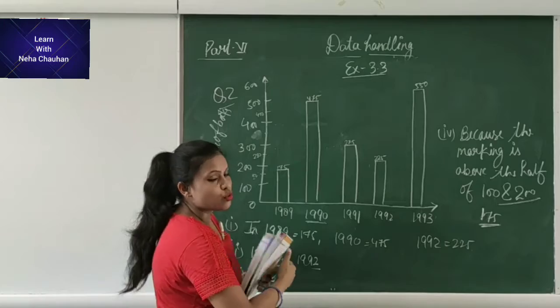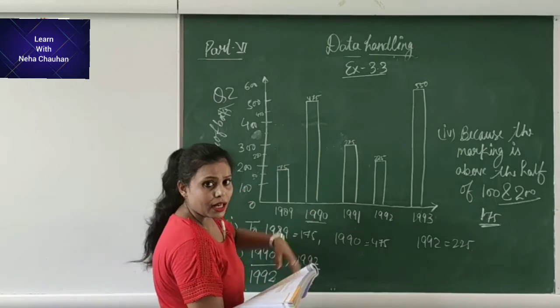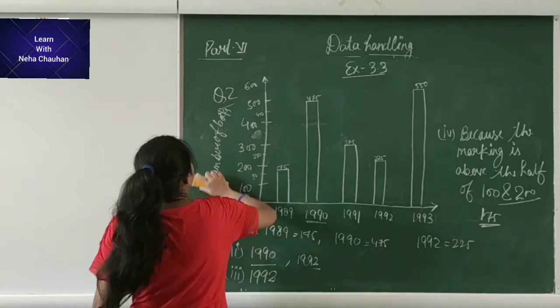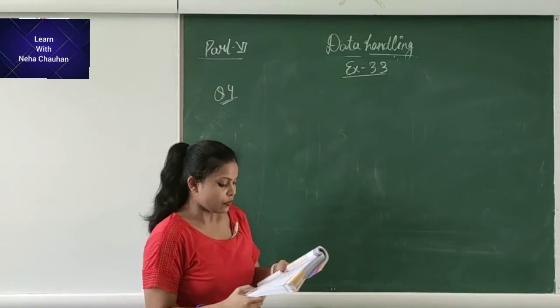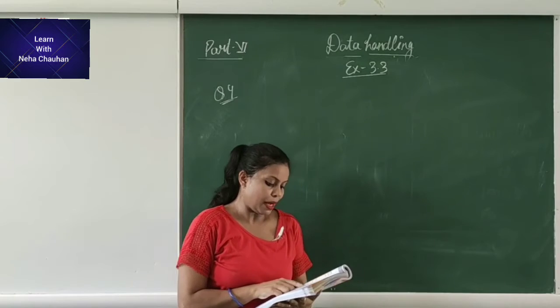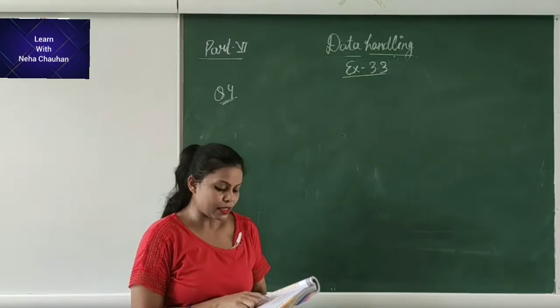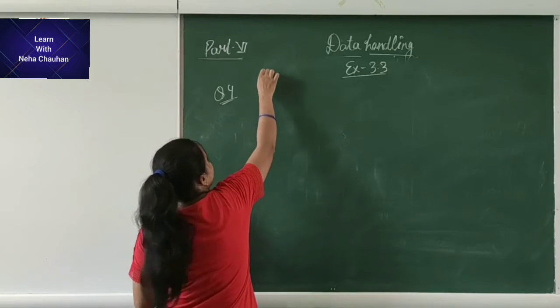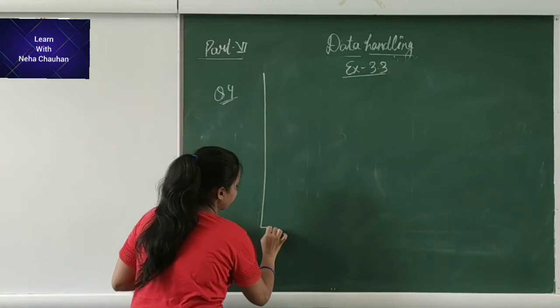Okay. These 2 graphs are based on the single bar graph. Let's do question number 4, which is based on a double bar graph. So question number 4 consists of marks of 2 terms, first term and second term, and it consists of subjects, right? So we will draw the graph like this.